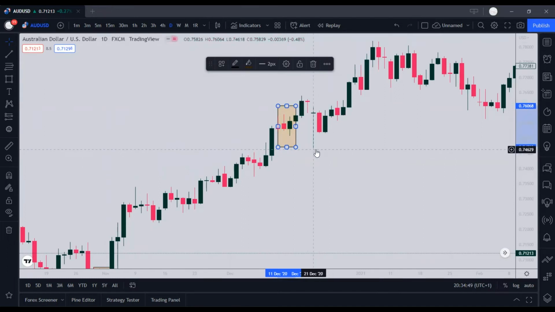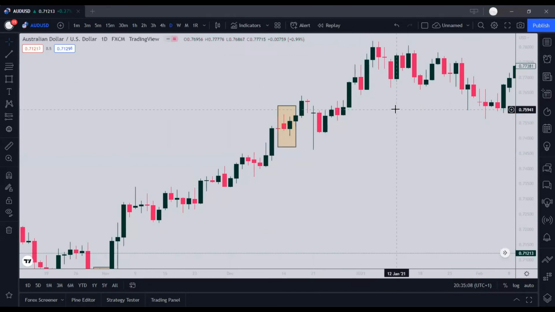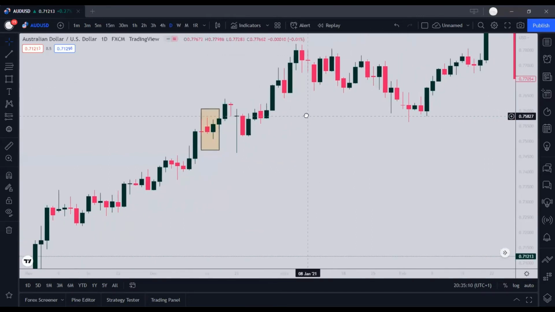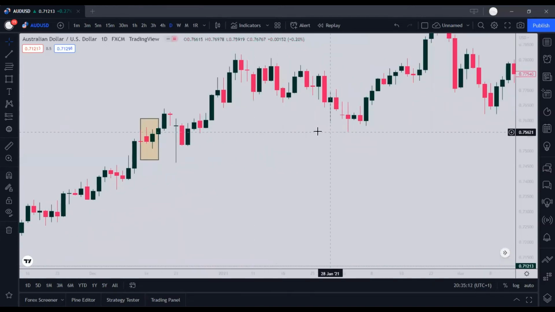The buyers came in again and pushed price to the opening place. So it becomes what? Indecision. No one won. So the market could go down or go up. You can't tell.